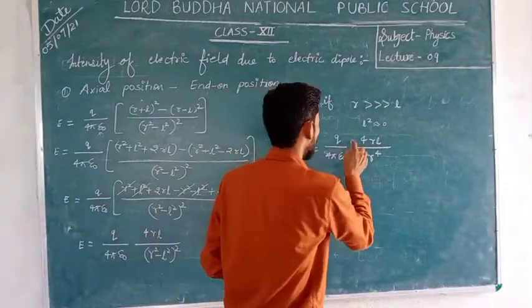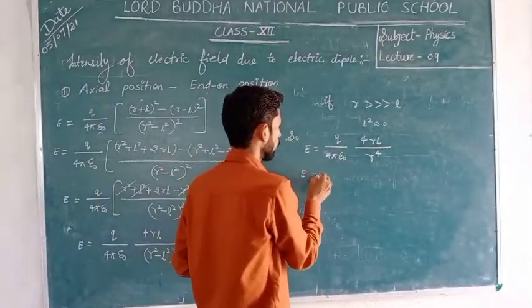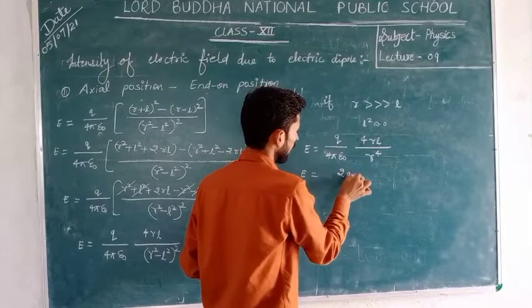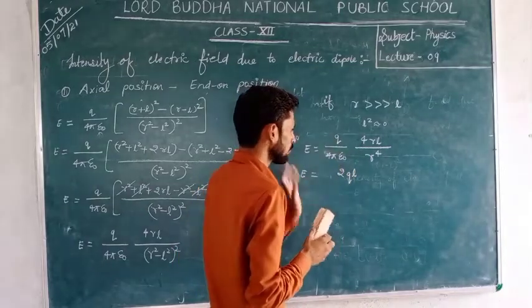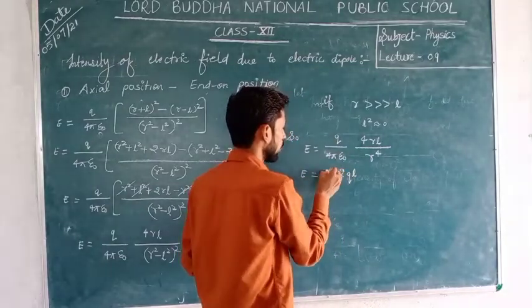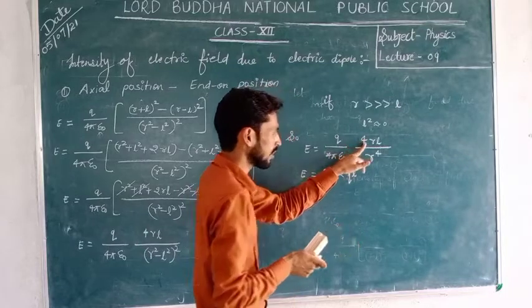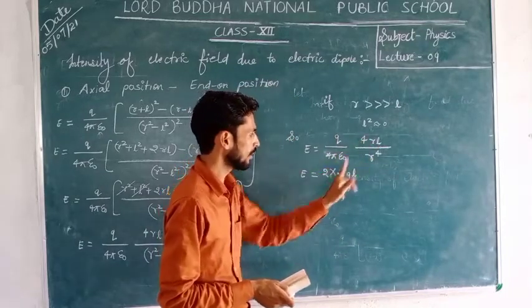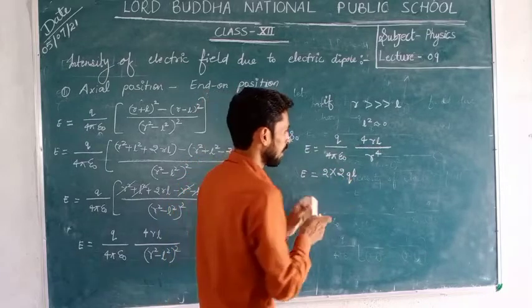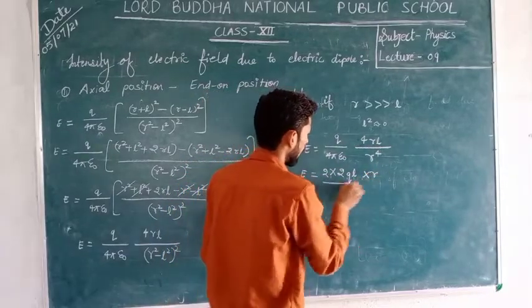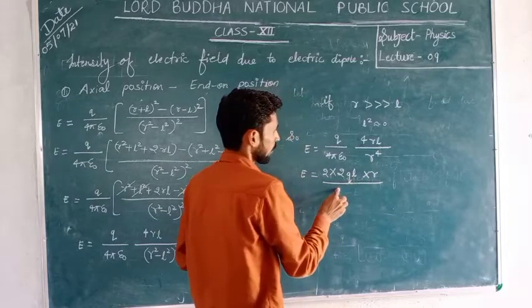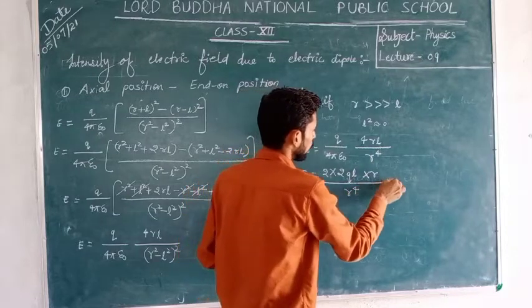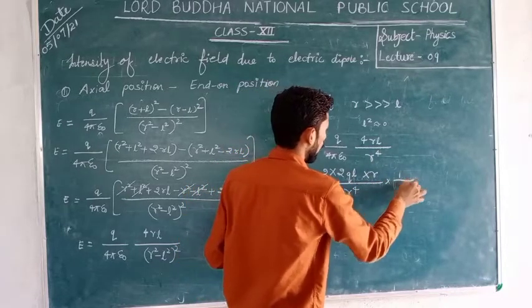Now here is 2ql, and also into 2 because here is the 4, so 2 into 2 equals 4, and q, r, l. So here q into l and into r upon r to the power 4, into 1 upon 4 pi epsilon naught.